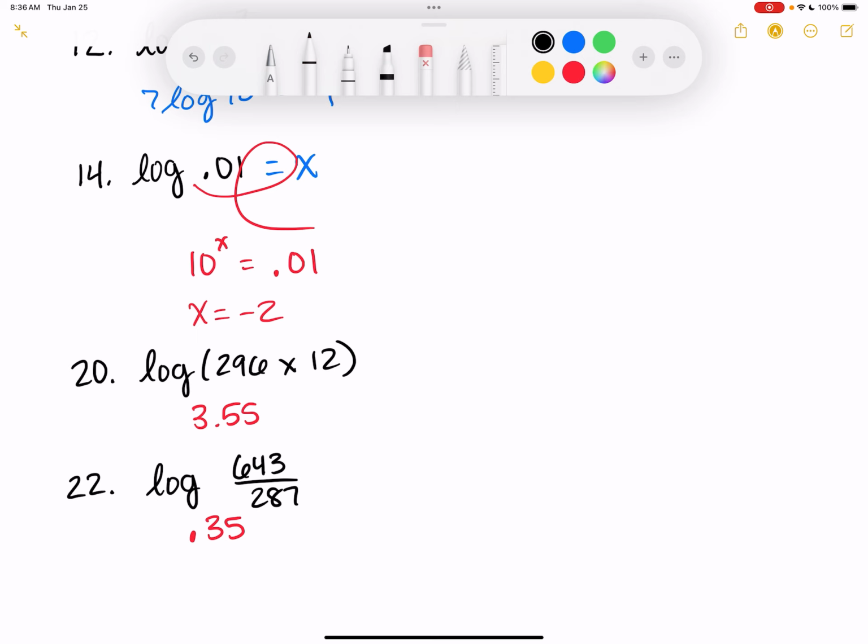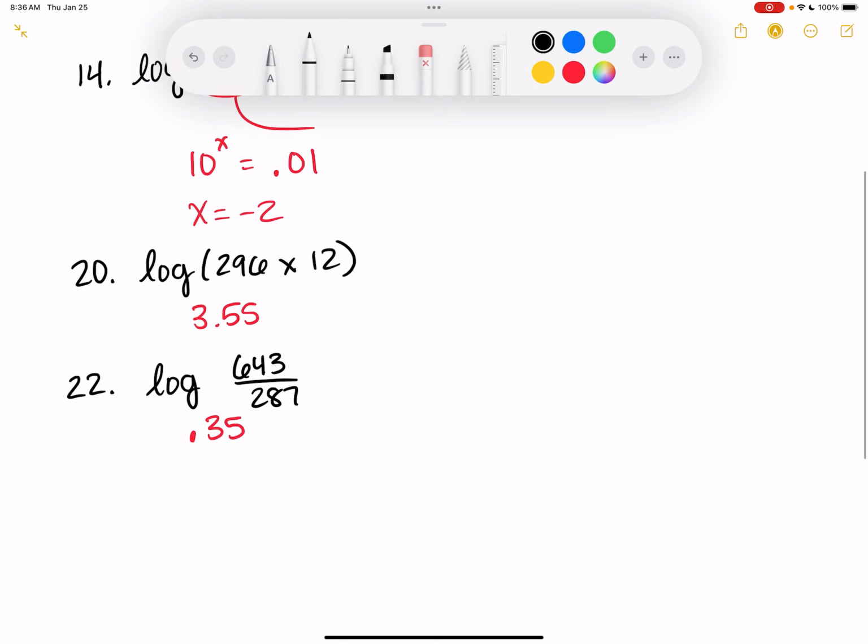All right, one more of this type, and then we'll move away from common logs. 26, log of 643 minus the log of 287.